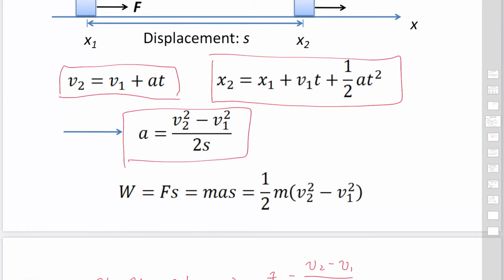Then the total amount of work done on this object is W equals F times s. F is given by Newton's equation of motion, ma.